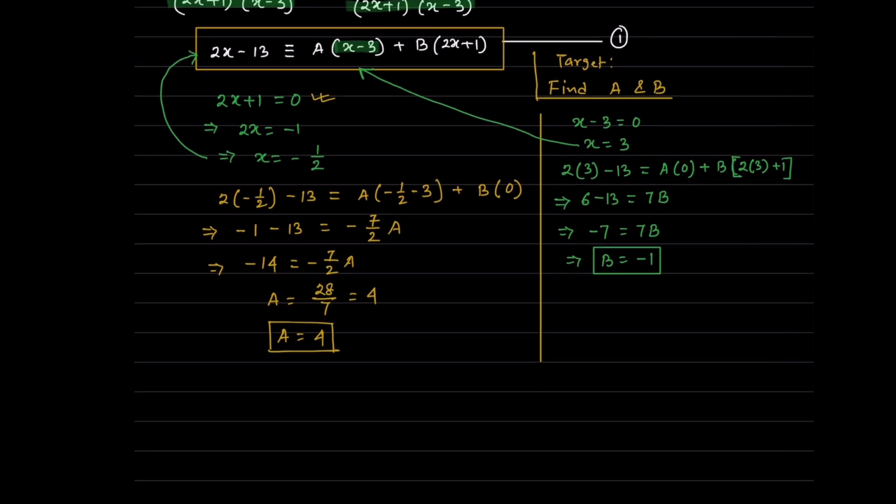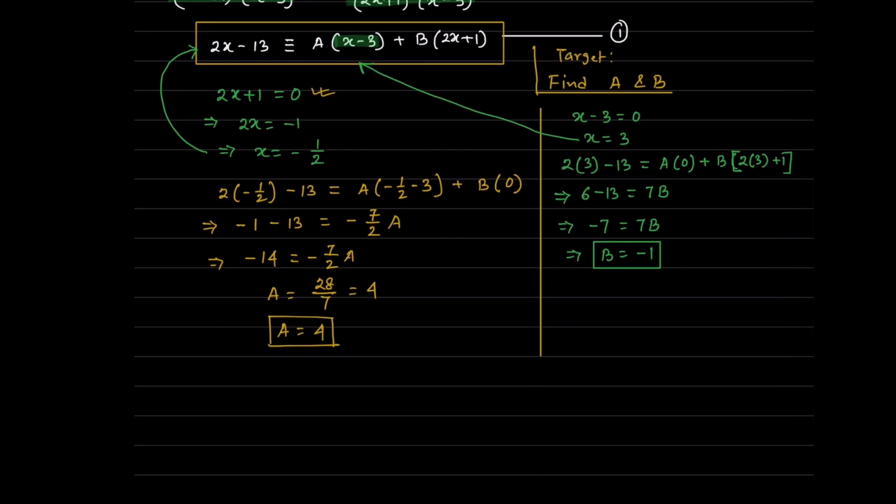So the final figure of our partial fraction, in this case, is 2x minus 13 divided by 2x plus 1 and then x minus 3 equals, now we can write the identical sign again.